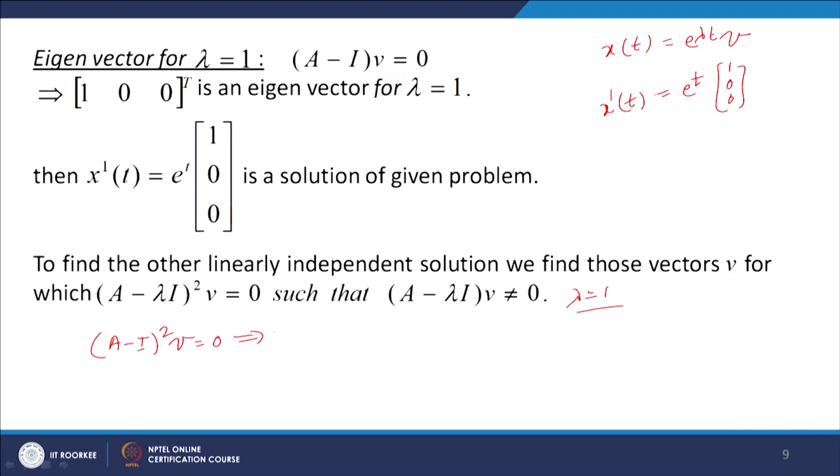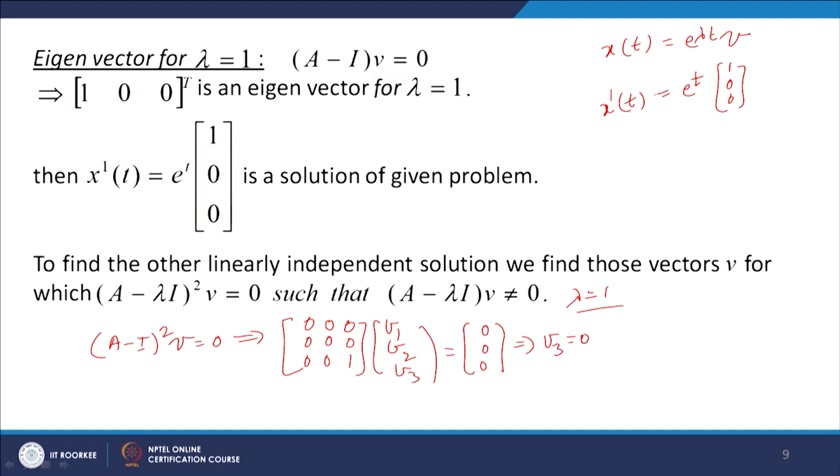So, (A minus I) whole square B equal to 0 gives you the matrix (0 0 0; 0 0 0; 0 0 1) times (B1, B2, B3) equal to 0. So, we get B3 equal to 0, and so B is equal to (B1, B2, B3), where B1 and B2 are arbitrary and B3 is 0 here.